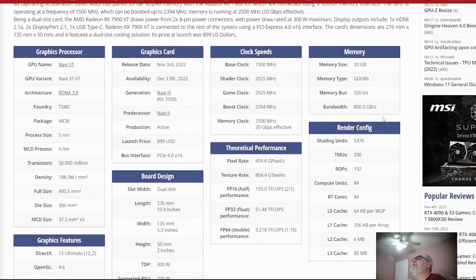I mean, look at the bandwidth. Bandwidth is 800 gigabytes per second on a 320-bit bus with GDDR6 and 20 gigabytes of VRAM.